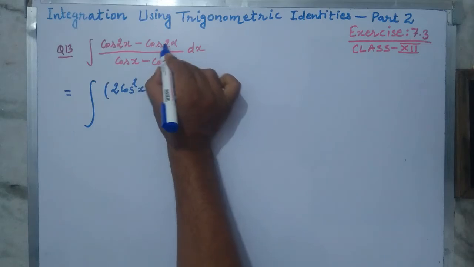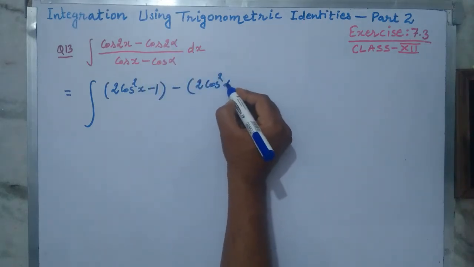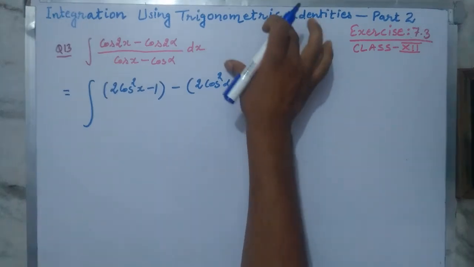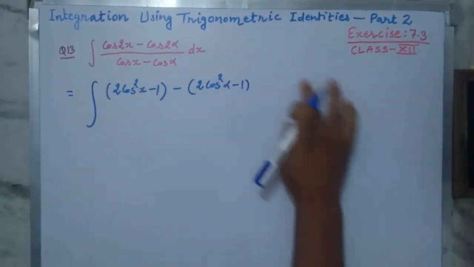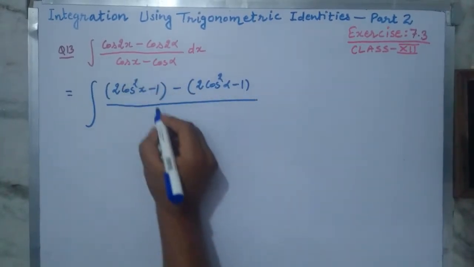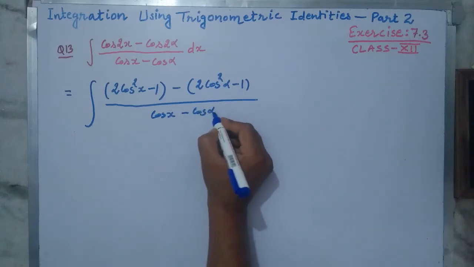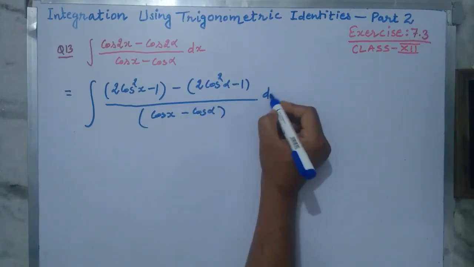Likewise, cos 2 alpha means 2 cos square alpha minus 1, whole divided by cos x minus cos alpha into dx.